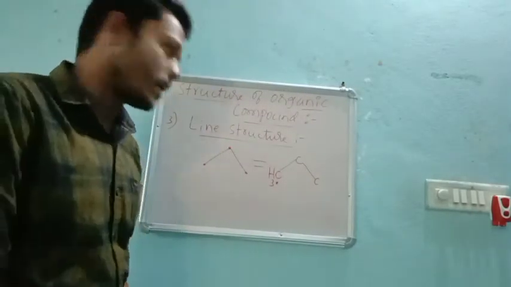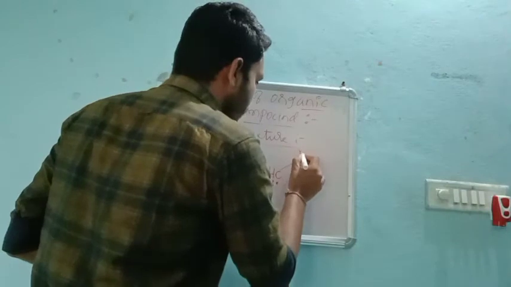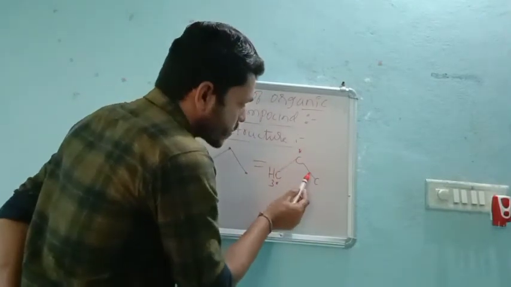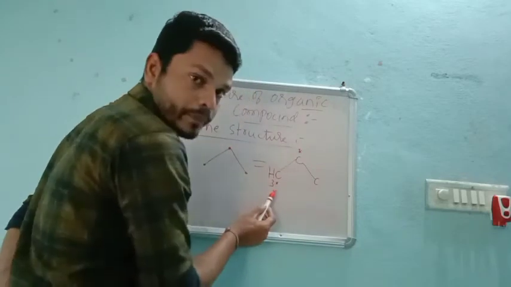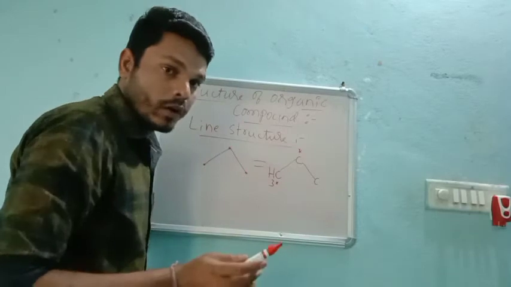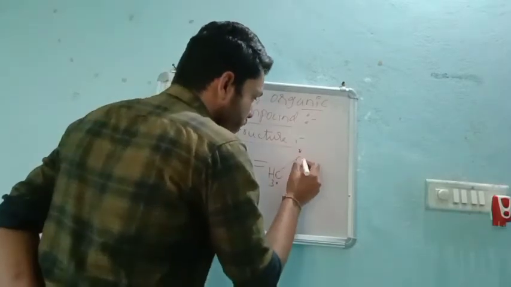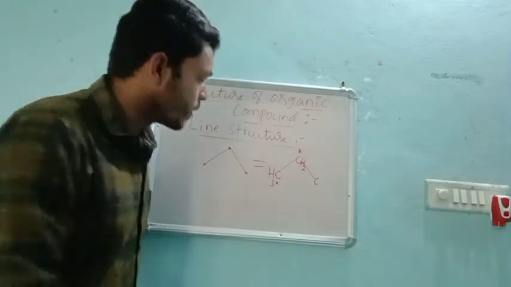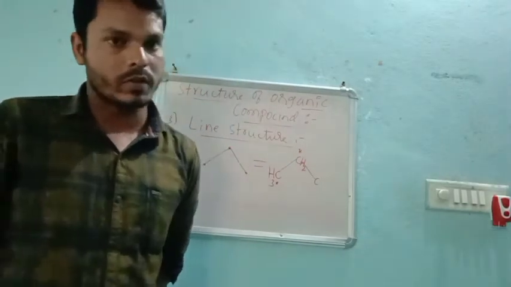Now coming to this carbon atom, around it there are 2 bonds, 1 and 2. The valency is 4, so we require 2 more bonds, and we represent those 2 bonds as hydrogen.